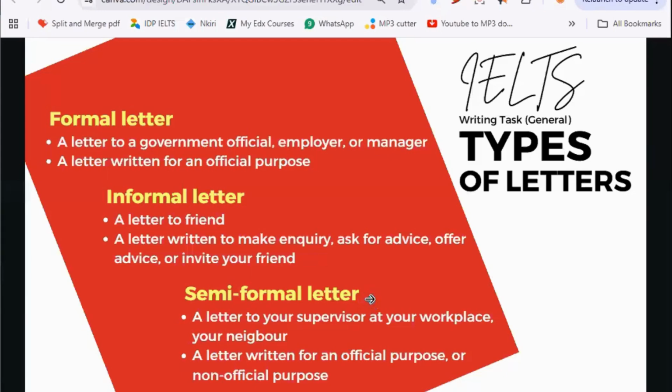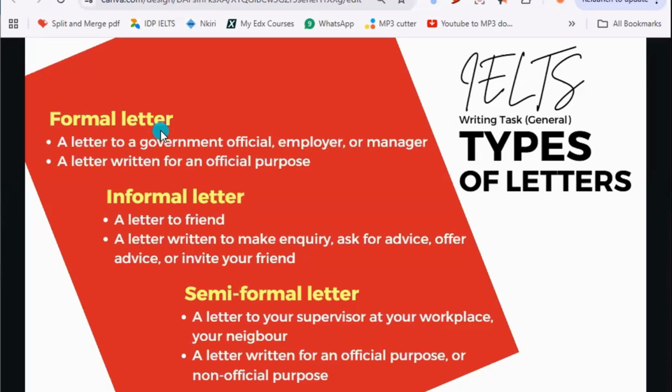So what is a formal letter? A formal letter basically is a letter that you write to a government official, an employer, or your manager at work. If you get an IELTS question that says, write a letter to the governor, or the Minister of Education, or the Director of Studies, your vice chancellor, your deputy governor, your local government chairman, those are government officials.